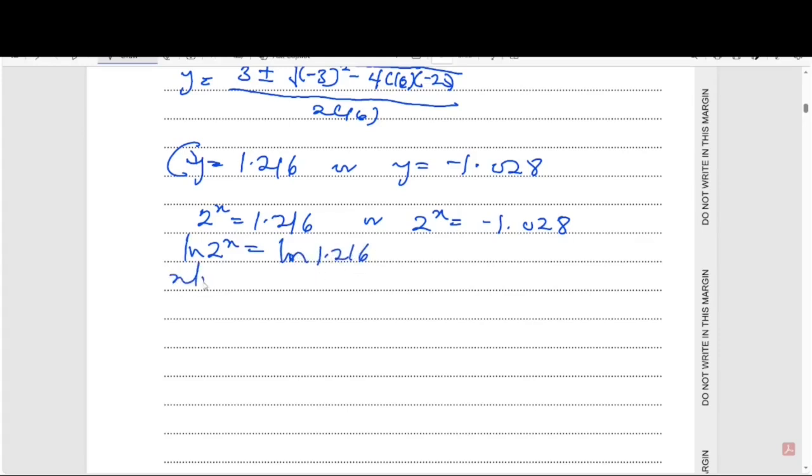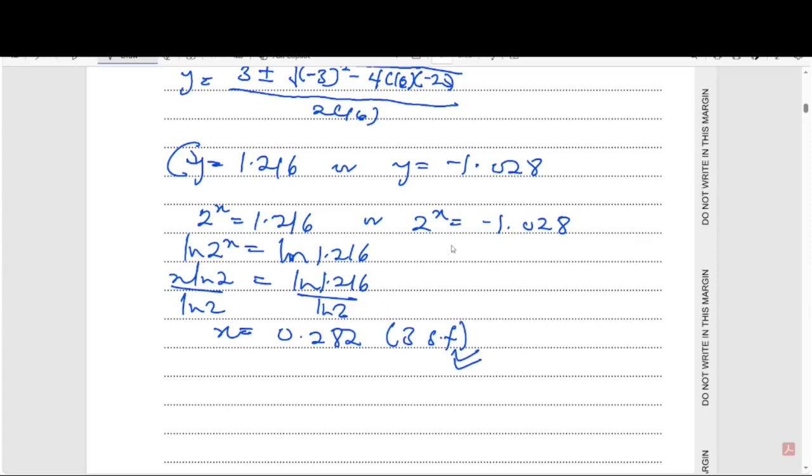Then we have x log 2 is equal to log of 1.216. Divide both sides by log 2, and then x is approximately 0.282. Because the question says our answer should be left in 3 significant figures, this becomes our solution.